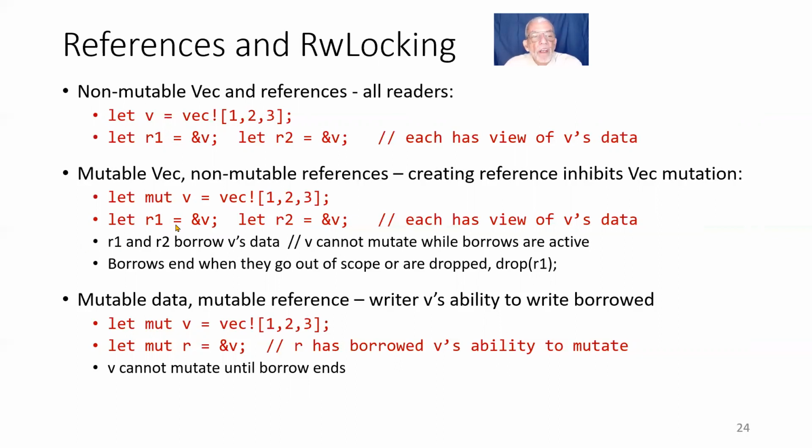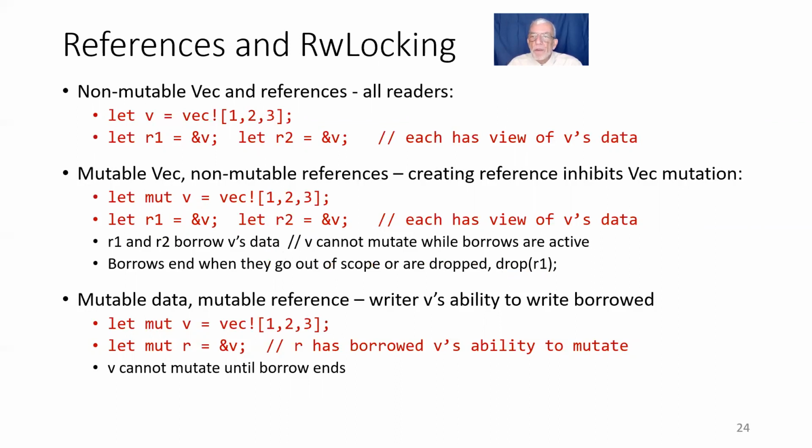So once we've created these references, we're essentially borrowing v's ability to mutate, if these were mutable. The Rust developers call this a borrow. So v can't mutate until these references go out of scope or they're dropped. I can just say drop R1, and that has the same effect. So if I dropped R1 and dropped R2, then I could mutate the vector v. But until I do, or until they go out of scope, I can't.